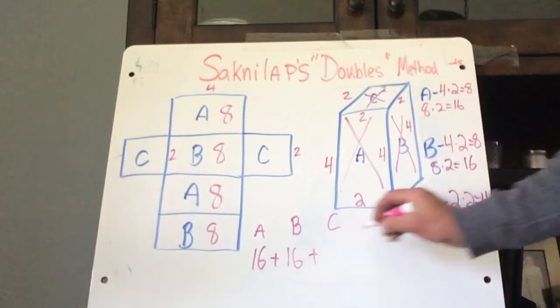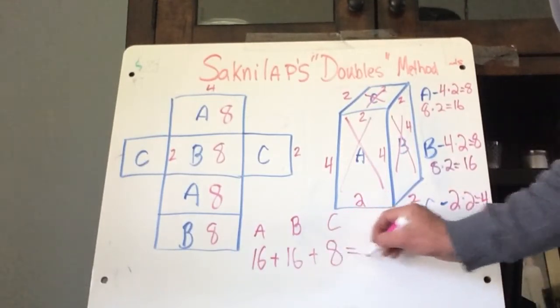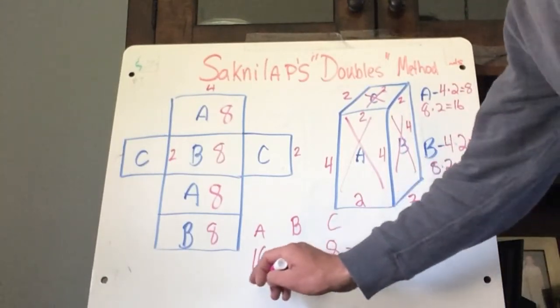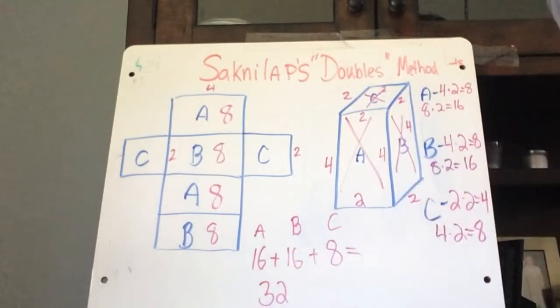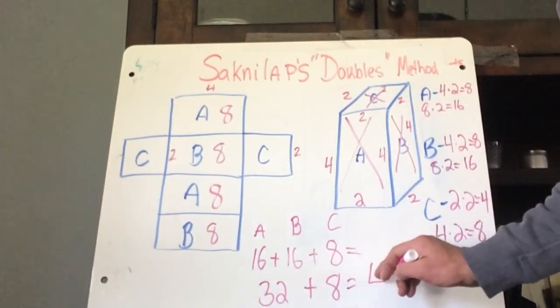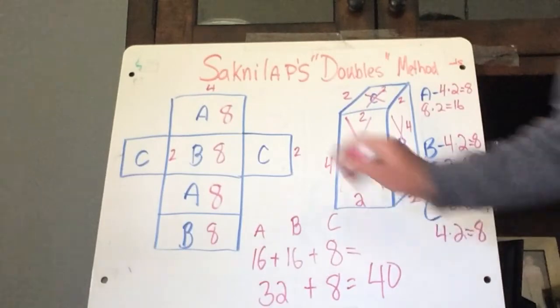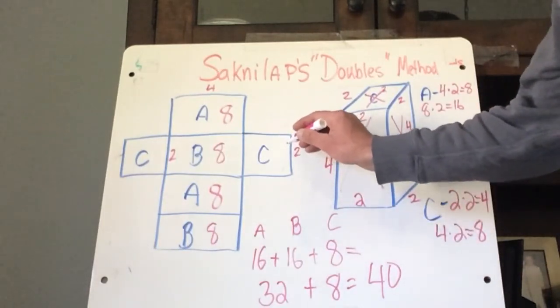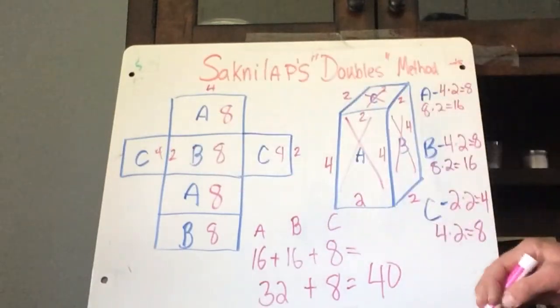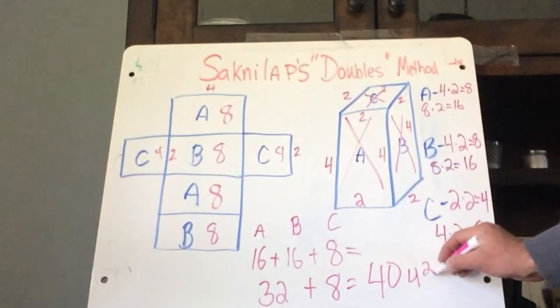So we are going to add our C, which is 8. 16 plus 16 is 32. 32 plus 8 equals 40. So the surface area of our entire net is 40 square units.